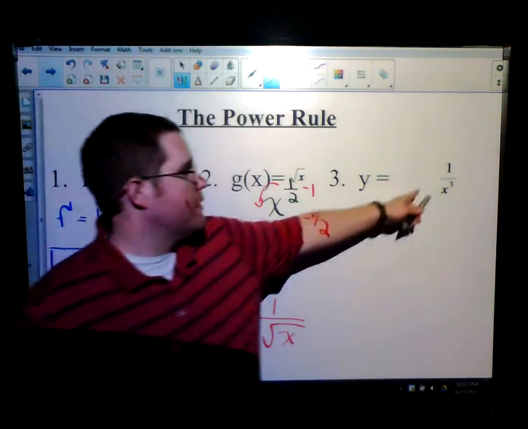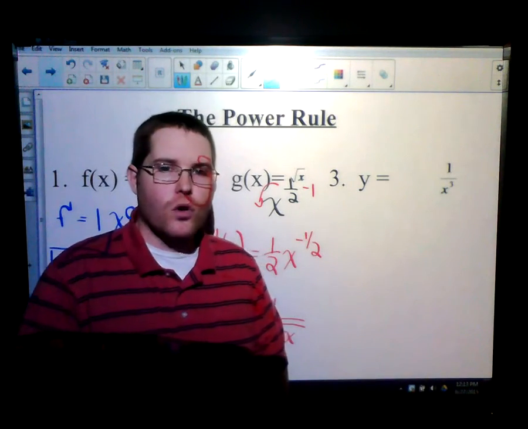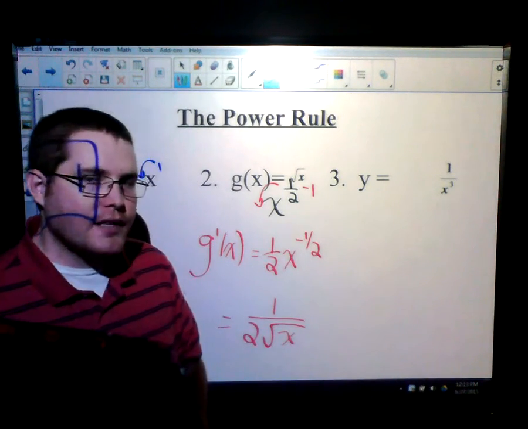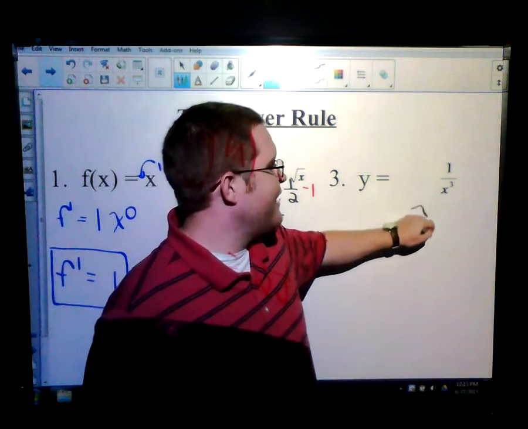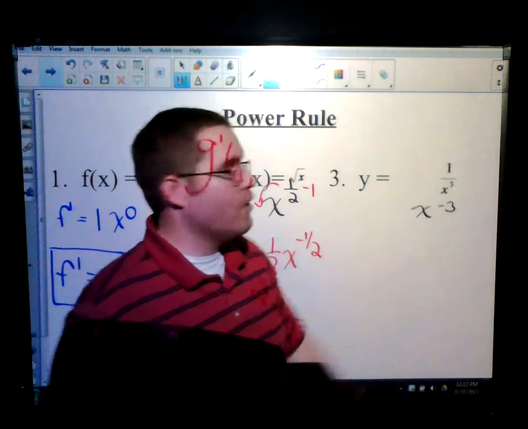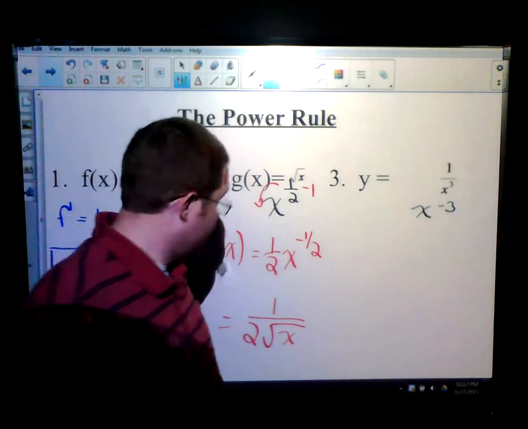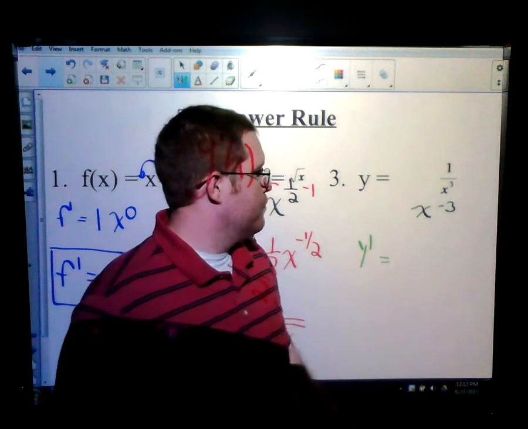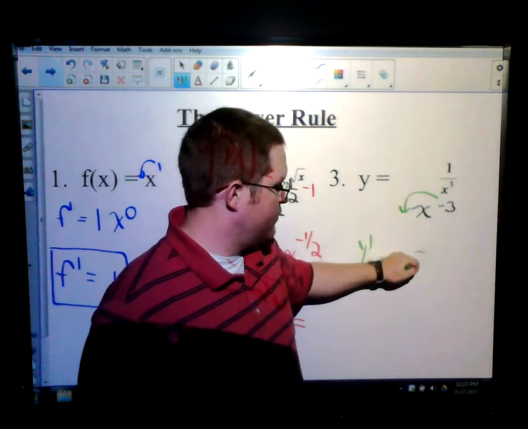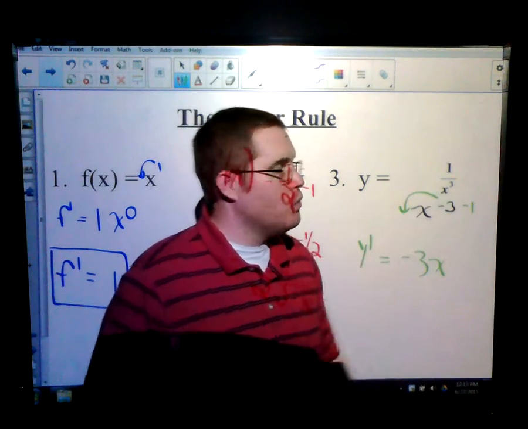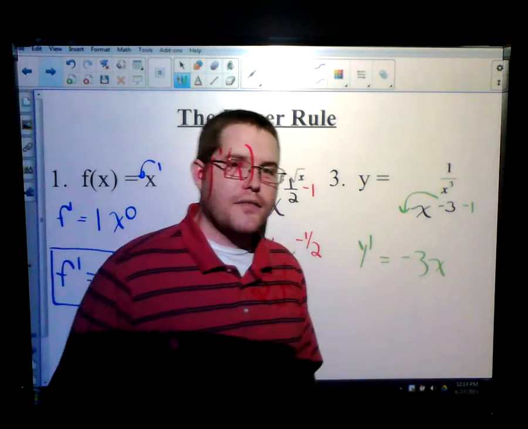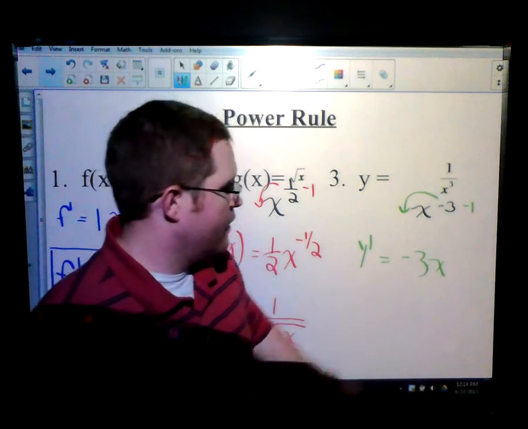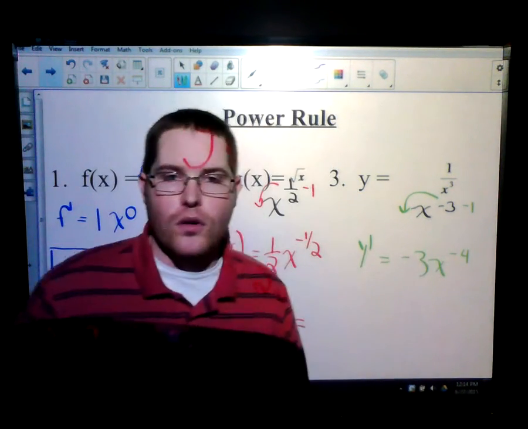Let's try this last example. 1 over x cubed. Can I rewrite that? Sure can. That's x to the negative 3rd power because it's on bottom. Now let's follow your power rule. Move the power to the front. Subtract 1. Be careful. What's negative 3 minus 1? Negative 4.